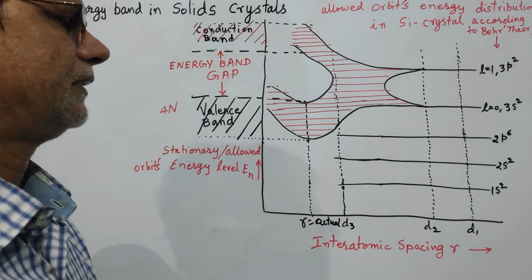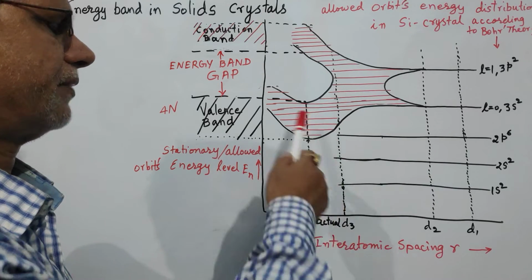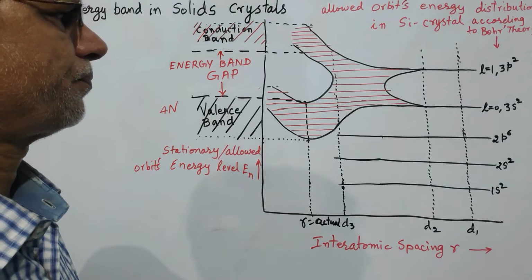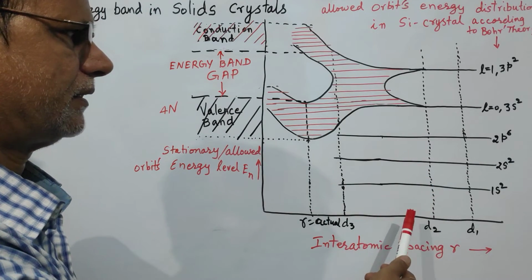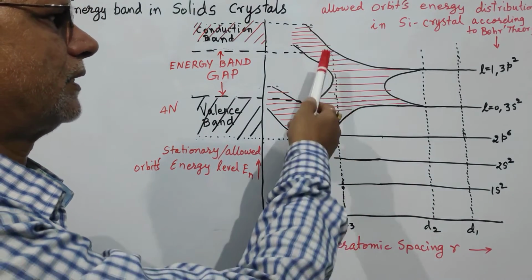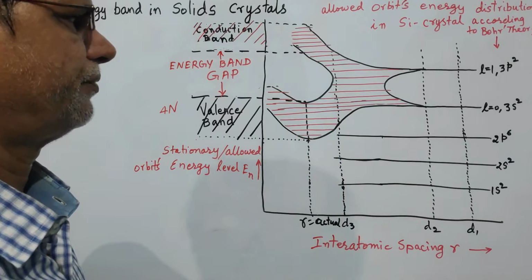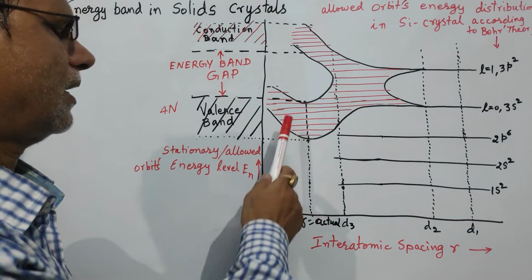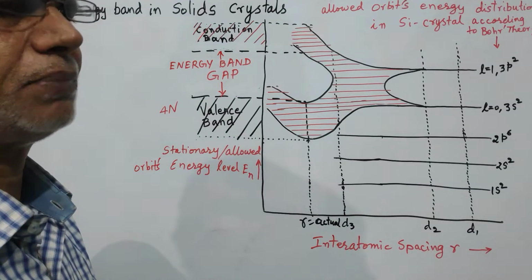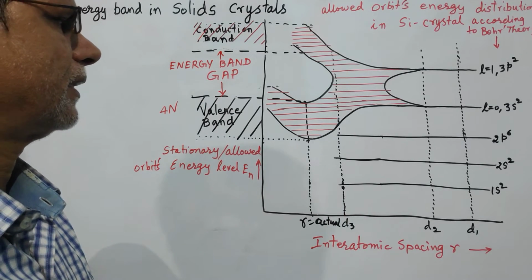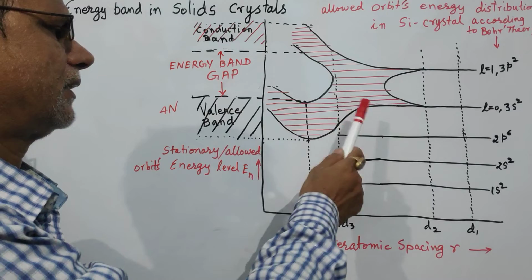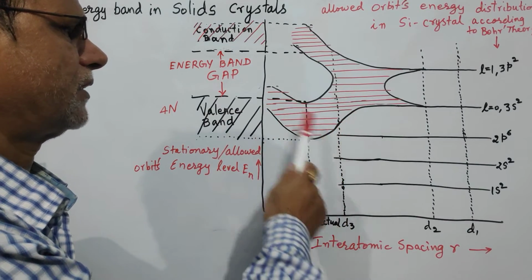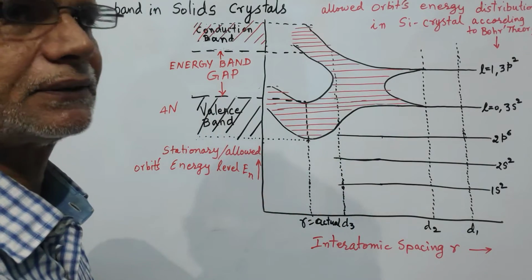And these allowed energy levels are very closely spaced. As the separation is reduced, the allowed energy levels increase manifold. And since they are very closely placed allowed orbits, we call it a band.